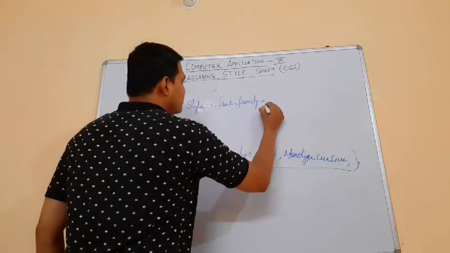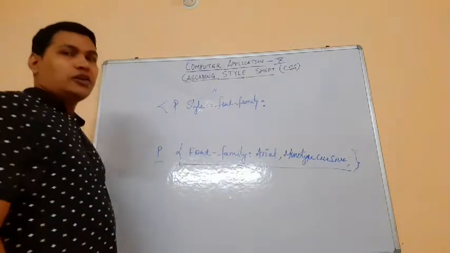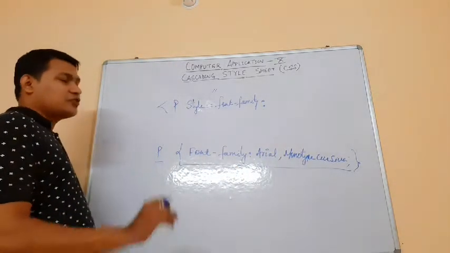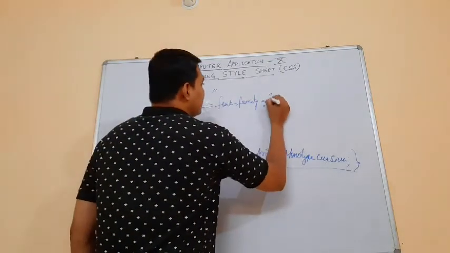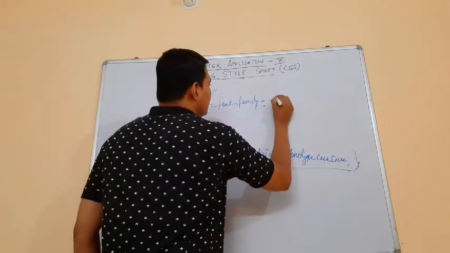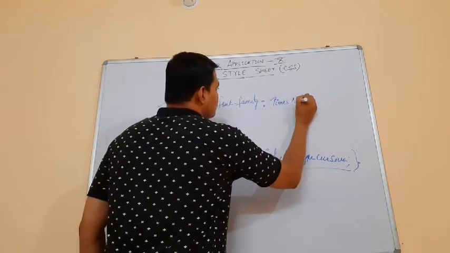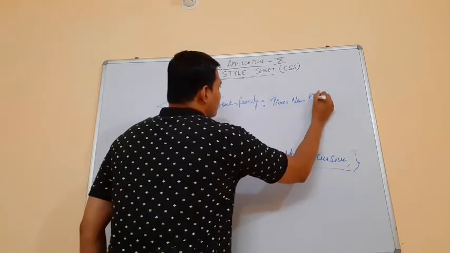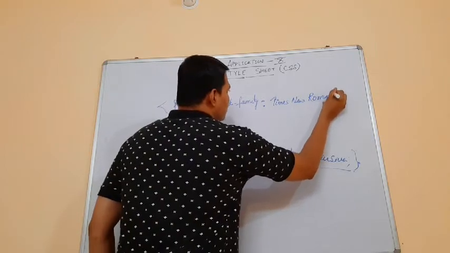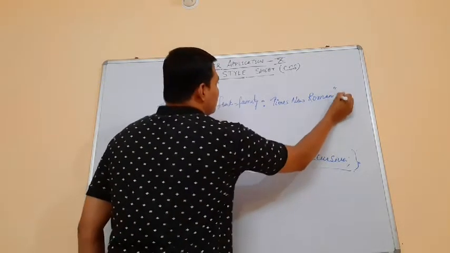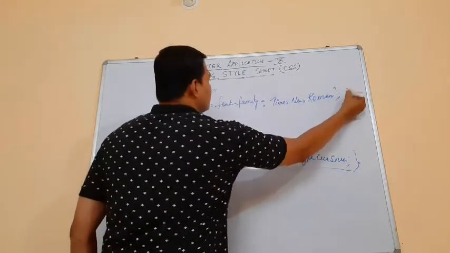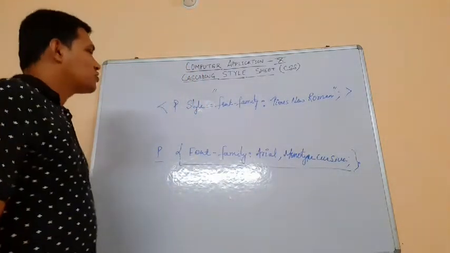Afterwards you define the font-family name, that means the actual font name. Here I am defining Times New Roman. This is the font that I am going to apply, and after that you have to close the quotation marks.